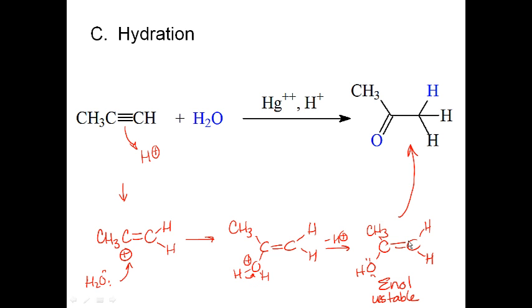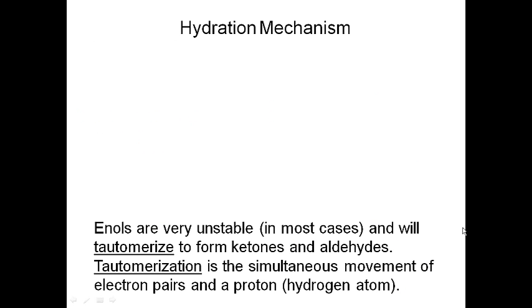So the first three steps we've seen. Let's deal with the last step. Enols turn out to be very unstable. There are some cases where they are stable, and maybe we'll deal with those next semester. What they do is undergo what's called tautomerization.